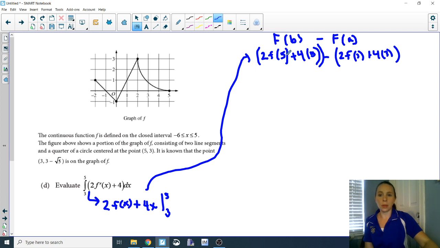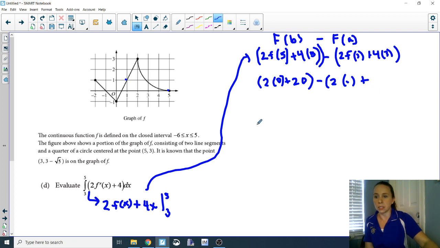What's f of 5? Well, that says go to x equals 5 on f. What's the y coordinate? 0. Do the same thing for the other one: go to x equals 3 on the graph of f.